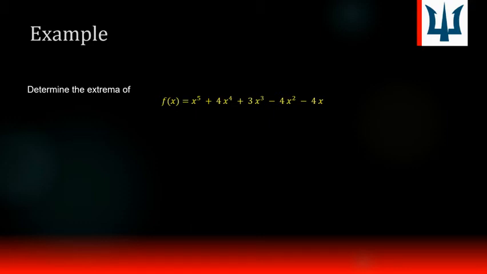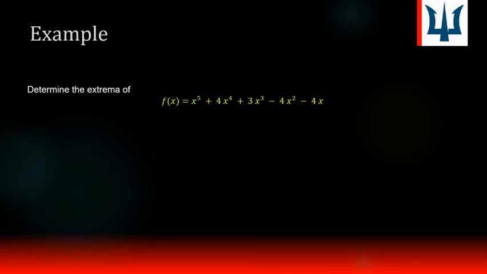For a window, I would go ahead and set it to something like -10 to 10 for my x's. And then for my y's, we probably want to go quite a bit bigger. What if we go -20 to 200? That should show you all of your maxes and mins.